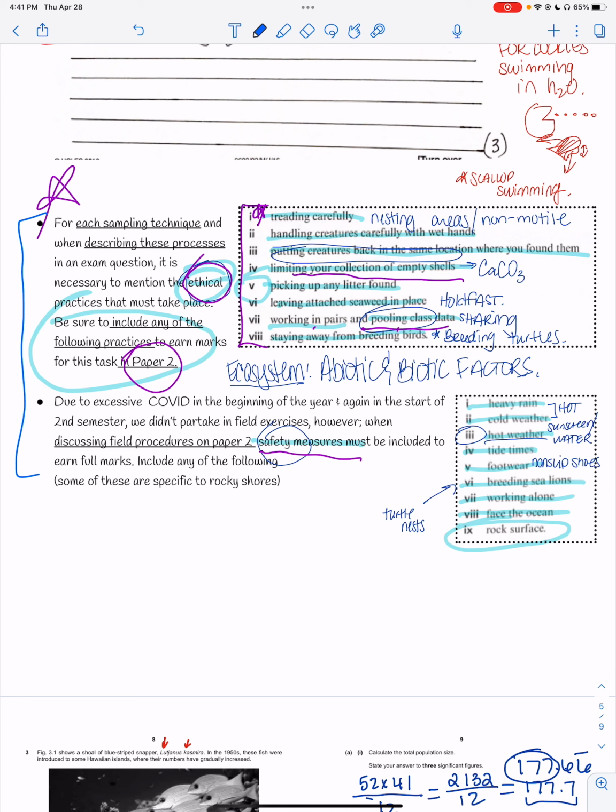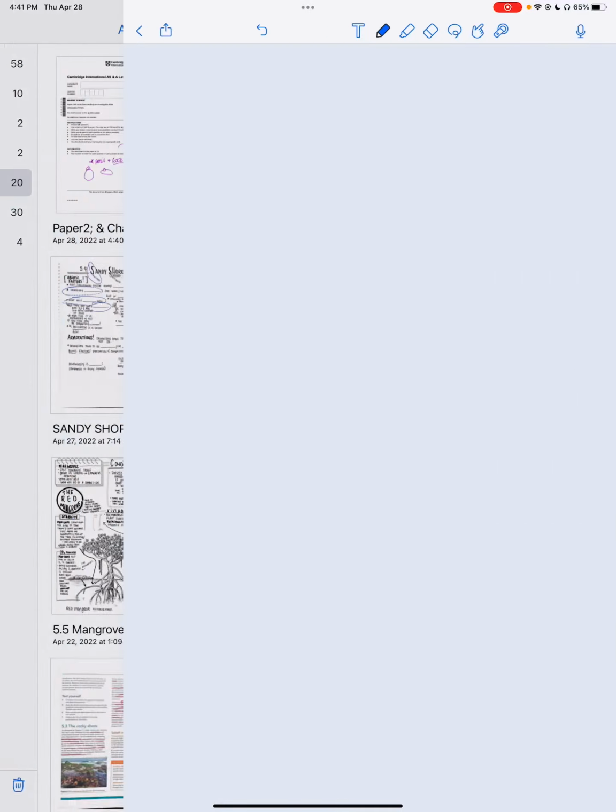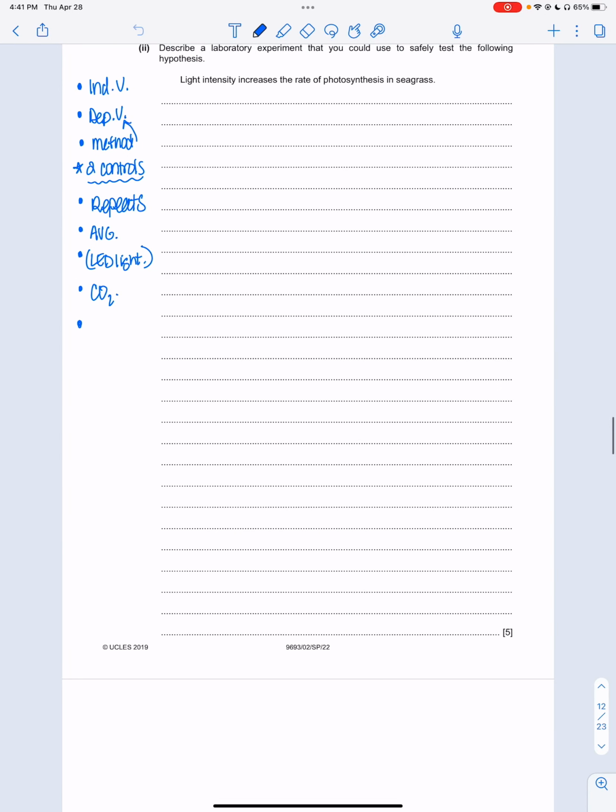Also, safety measures. So in this one, you're using a lamp. So maybe don't burn yourself with a lamp. You're going to be using, in this situation, a lamp, and it's going to be near water. So maybe let's not put the outlet near the water, or any kind of electrical safety.